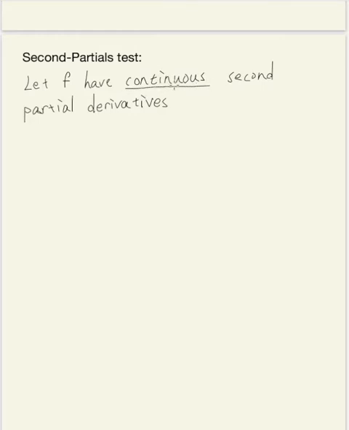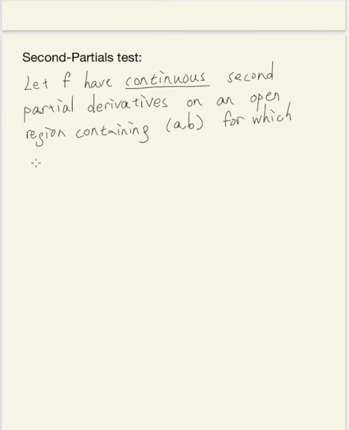All right, let me underline this continuity assumption here. On an open region containing the point (a, b) for which f partial x evaluated at (a, b) equals f partial y evaluated at (a, b) equals 0.